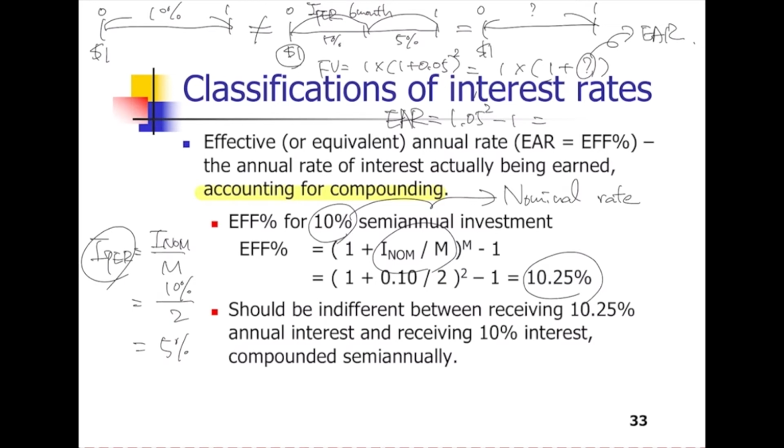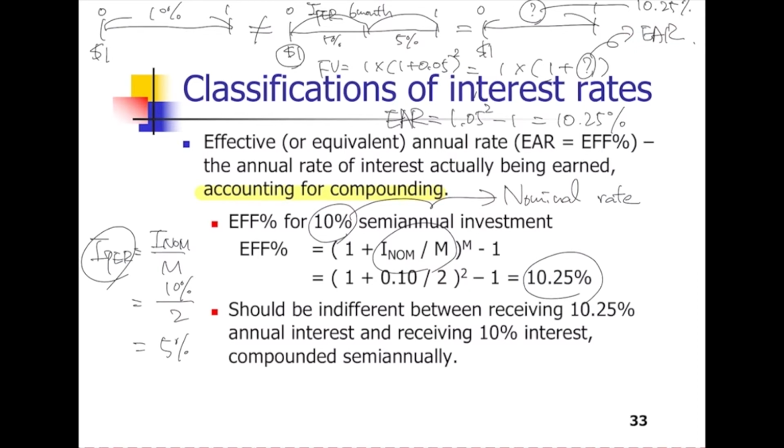And that is this number. And this is 10.25%. It is different from this, right? Because this number accounts for the compounding effect.